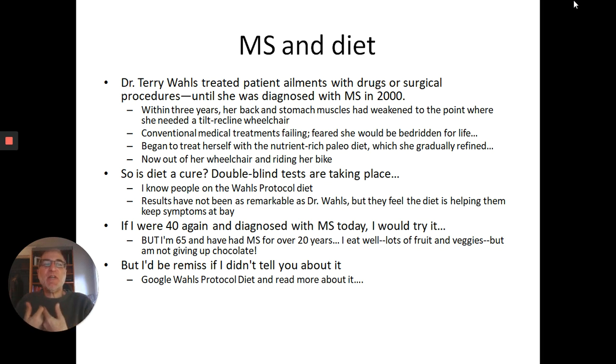But I'd be remiss if I didn't tell you about the Wahls Protocol diet. So if you have MS or know somebody who has MS, tell them to Google Wahls Protocol diet and read more about it. Again, it's not a cure for MS. It's helped Wahls. It has helped other people who have MS.